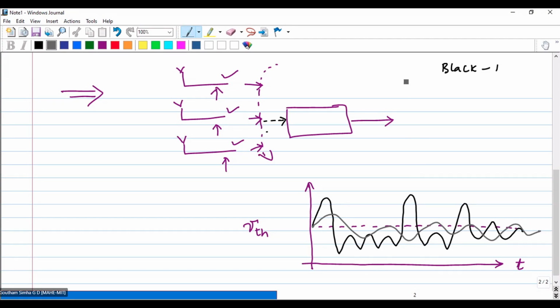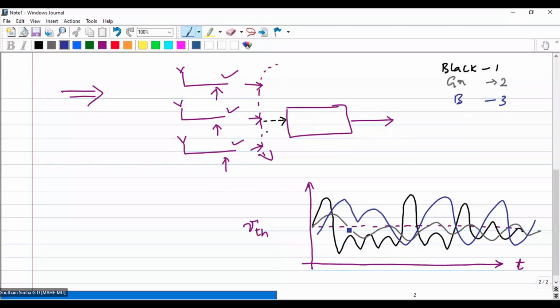This gray color is, let's say, branch 2. Next, I will take another branch. Now I have taken 3 branches, and this blue is branch 3.